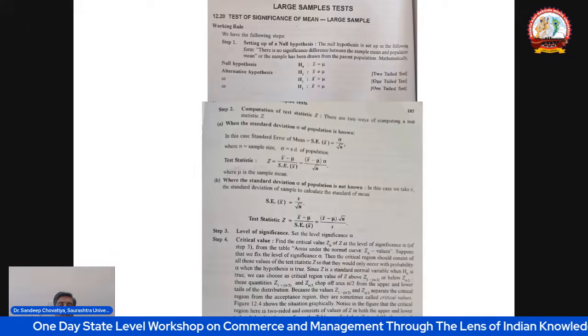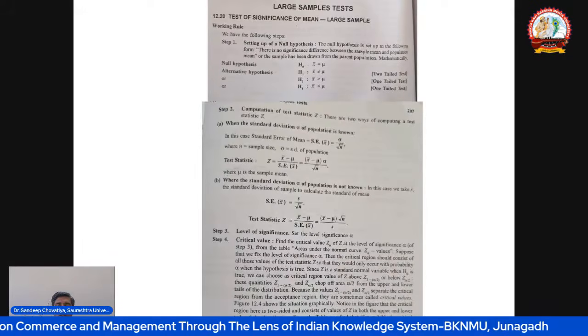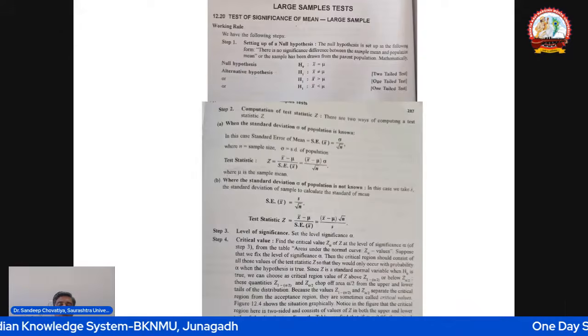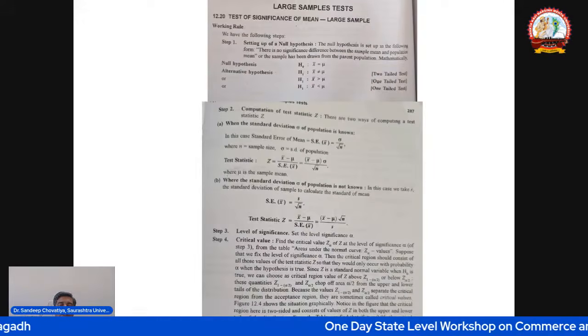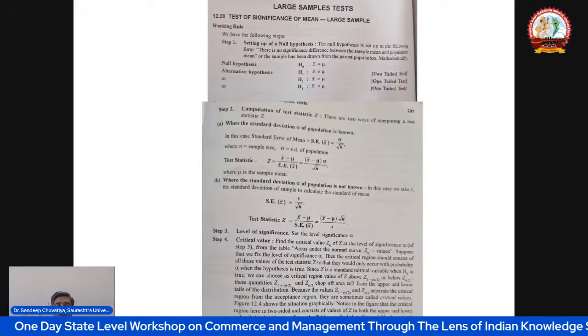So ultimately, it is the mean minus the population mean, divided by the standard deviation over the square root of the sample size, where mu is the population mean and x bar is the sample mean.